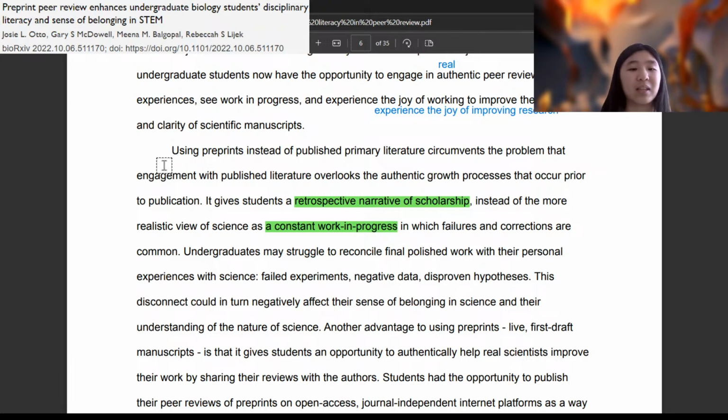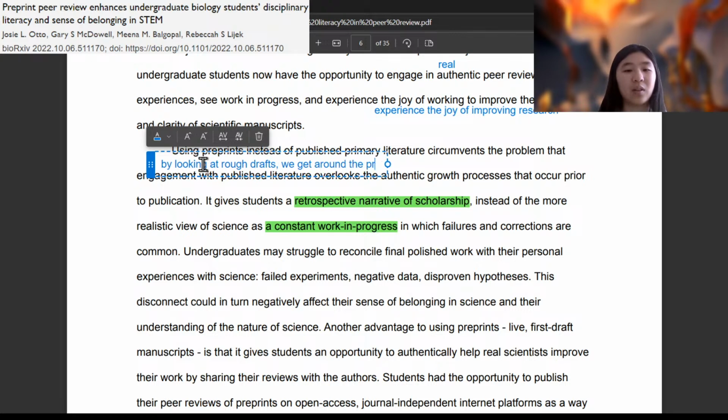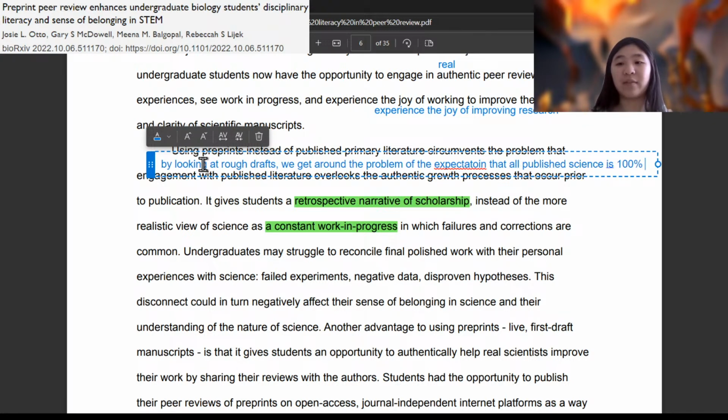But basically that sentence is saying by looking at rough drafts, we get around the problem of the expectation that all published science is 100% fact.